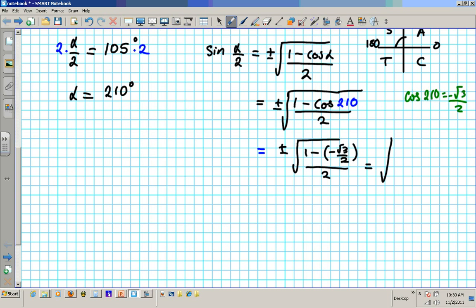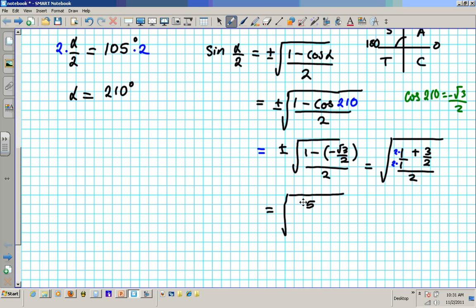So it's just going to be the square root of 1 plus root 3 over 2, over 2. We can make this 1 over 1. What is the LCD of 2 and 1? LCD is 2. So times this by 2, times that by 2.